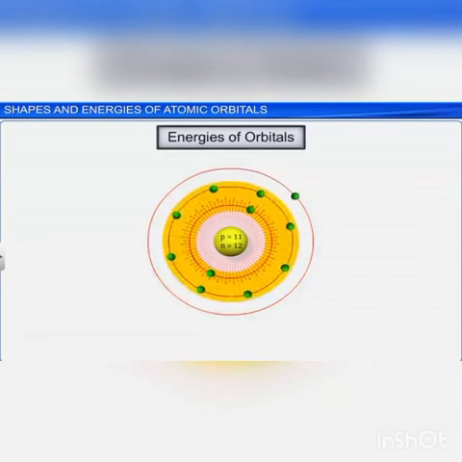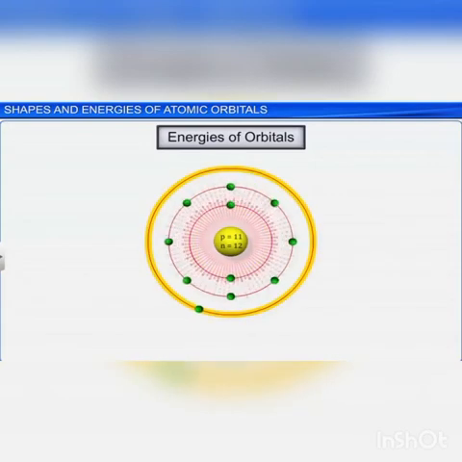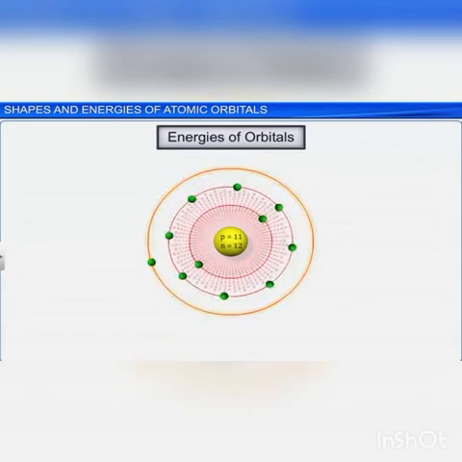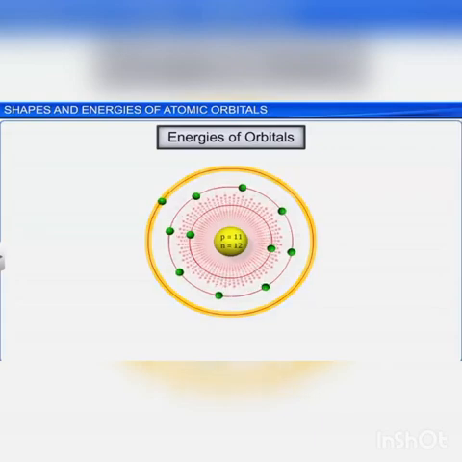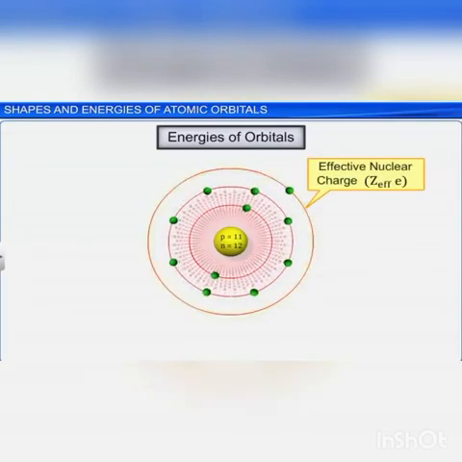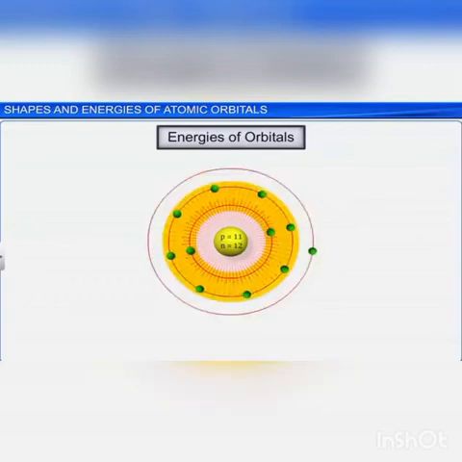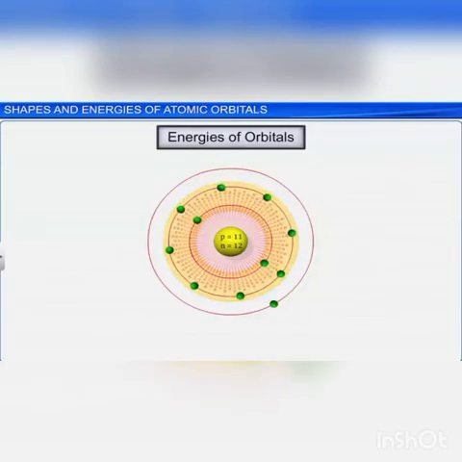Thus, the net positive charge experienced by the outermost electrons from the nucleus is called effective nuclear charge, and the shielding of outermost electrons from the attractive forces of the nucleus by the inner shell electrons is called the shielding effect or screening effect.